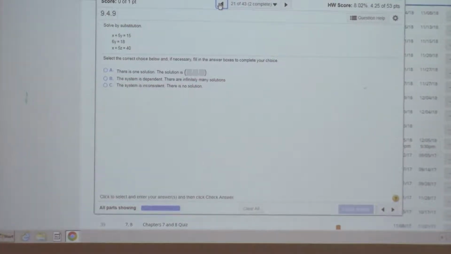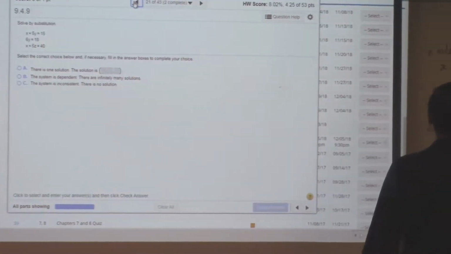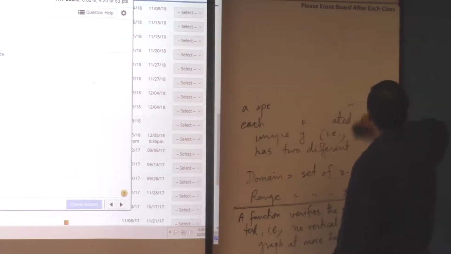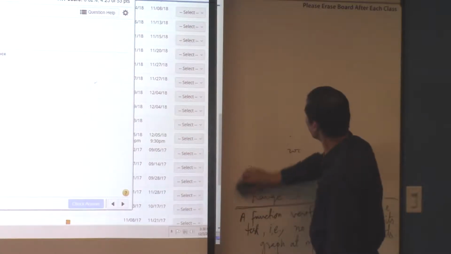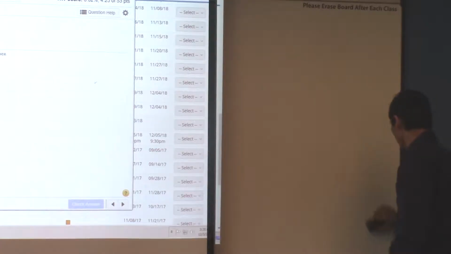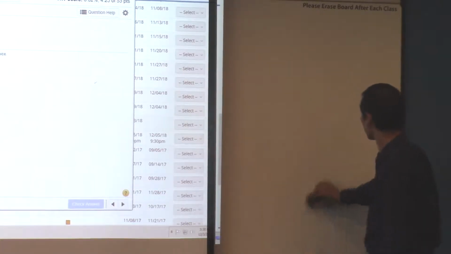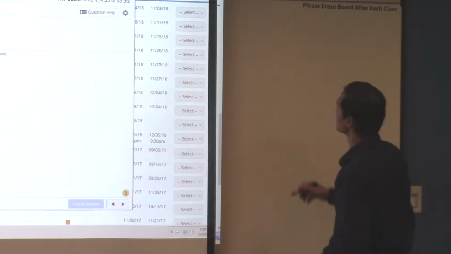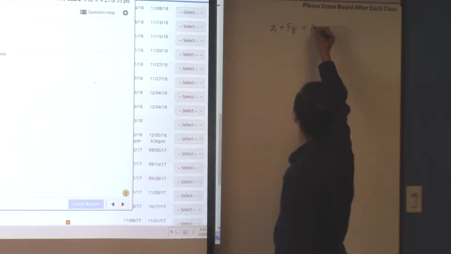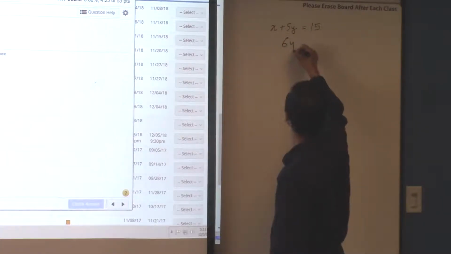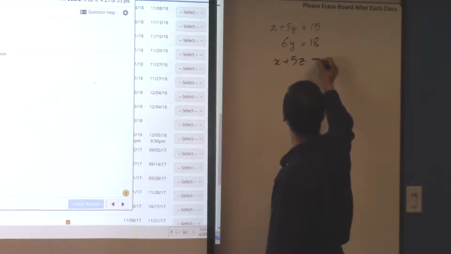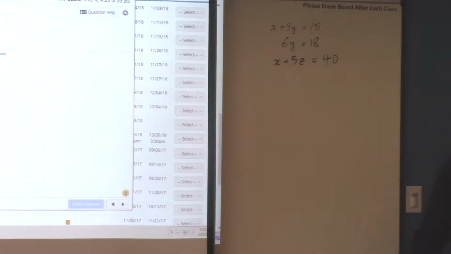You need to play around with these equations and eliminate variables. The technique is to eliminate variables one by one so that only one variable remains. So here it's x plus 5y equals 15, and then 6y equals 18, and then x plus 5z equals 40. So you have these 3 equations in 3 variables.